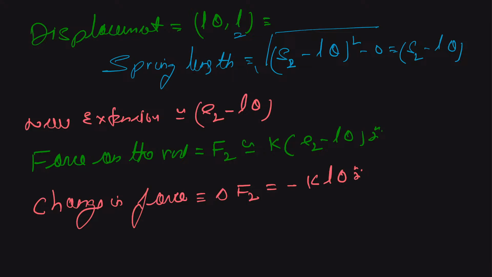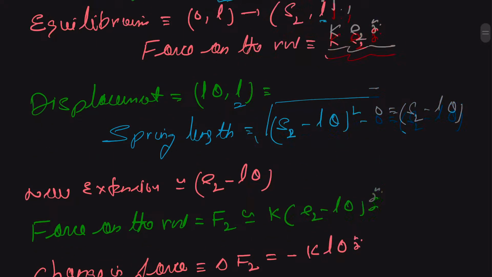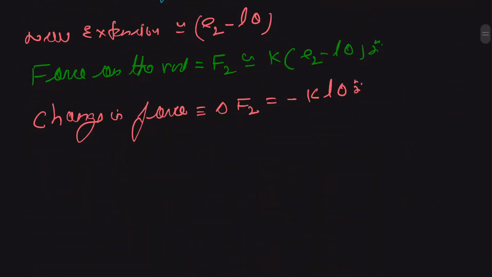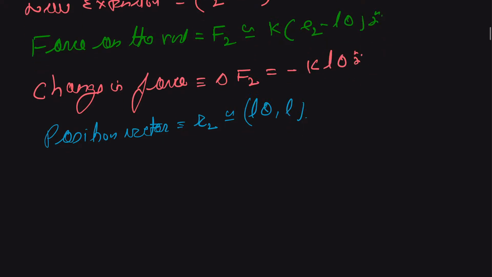Now we need the position vector. So we can say the position vector R2 will be approximately equal to L theta comma L. Now we are going to find out the torque.